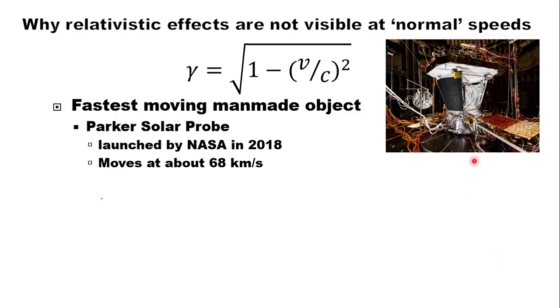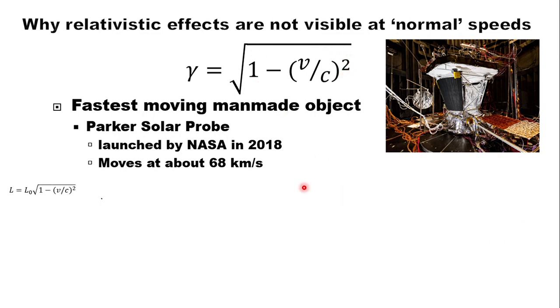So what's going to happen to the length of this object as it's moving relative to us at 68 kilometers per second? Well, notice in the Lorentz factor, this is the square root of 1 minus something, so this number is always going to be less than 1. Length contraction tells us the length will get smaller than it was originally, so we multiply by this factor, which is less than 1.